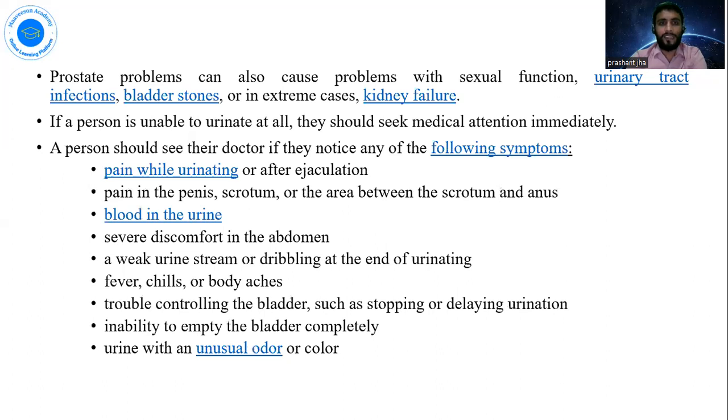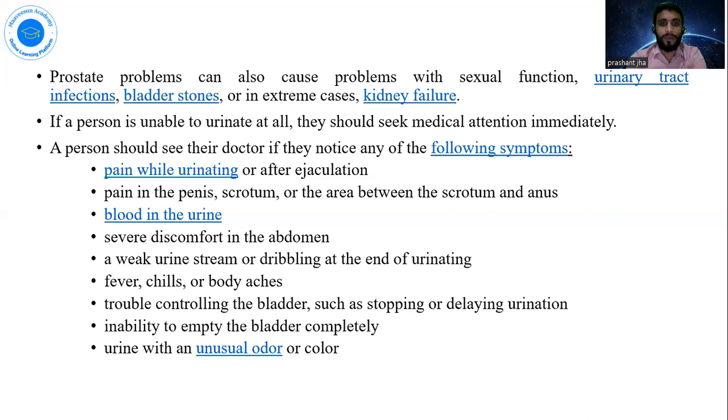A person should see their doctor if they notice any one of the following symptoms: pain while urinating or after ejaculation, pain in the penis, scrotum, or the area between the scrotum and anus, blood in the urine, and severe discomfort in the abdomen, a weak urine stream, or dribbling at the end of urinating or micturition. The process of removal of urine is called micturition.